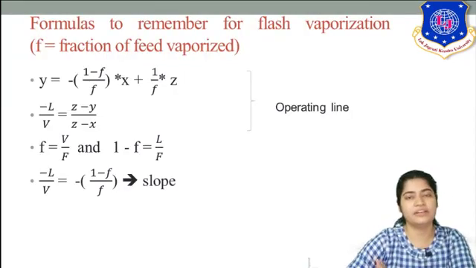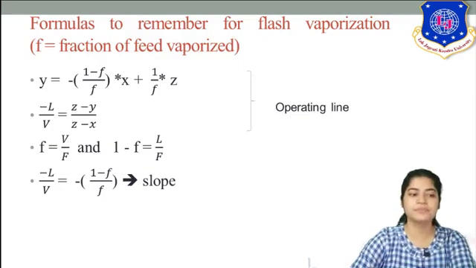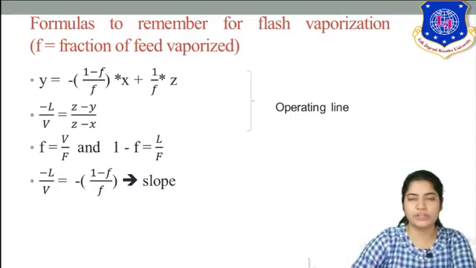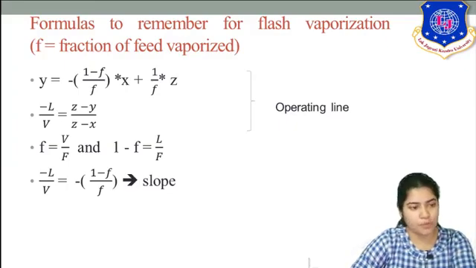First, a quick revision about flash vaporization. The above two equations: y is equal to minus (1 minus f) upon f into x plus 1 upon f into z. This is the equation of the operating line. Another one is also the equation of your operating line. What is f here?